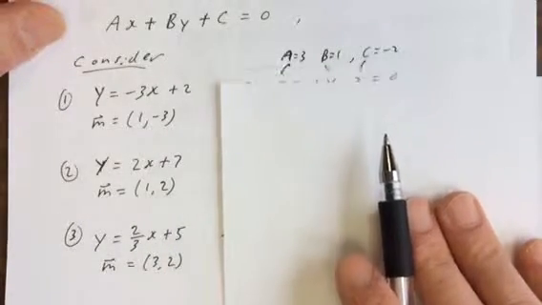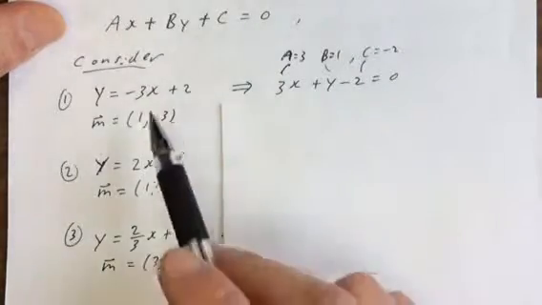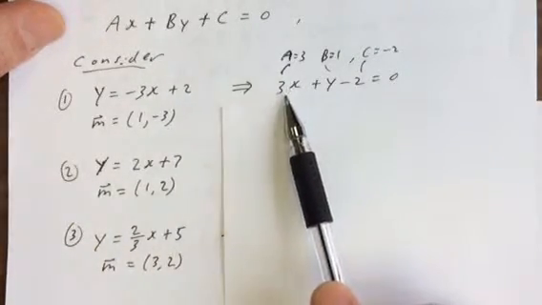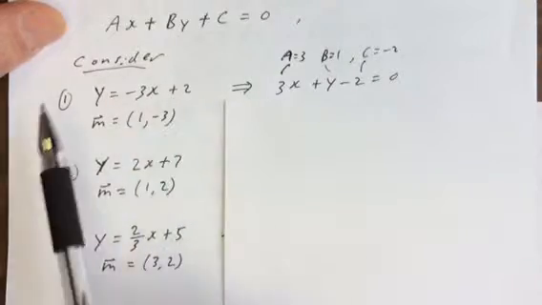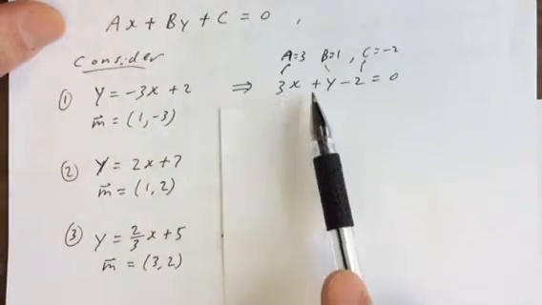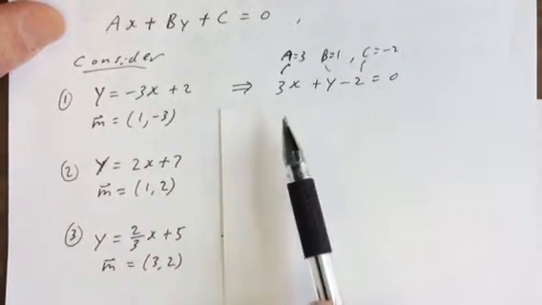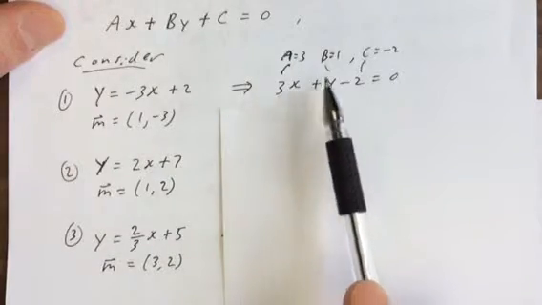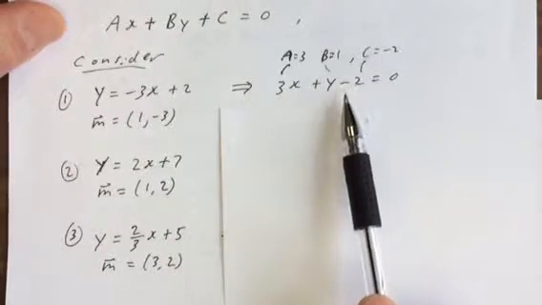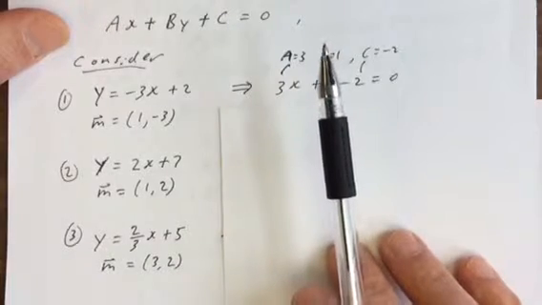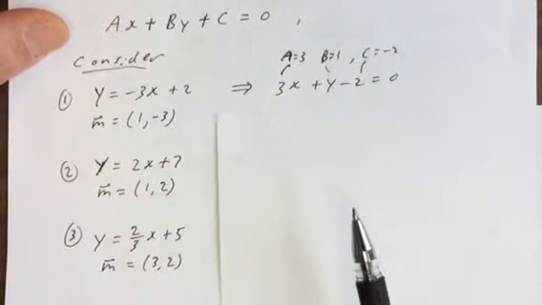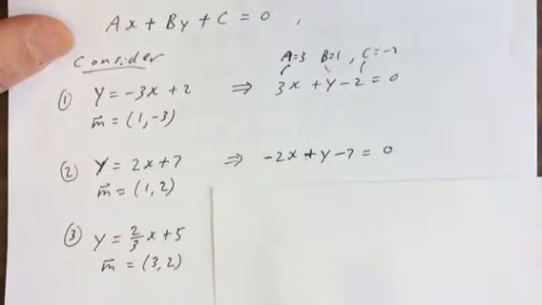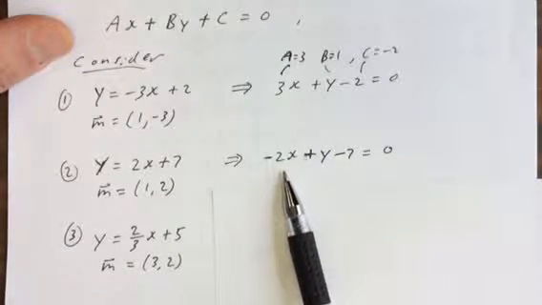In the first one, we could rearrange that into standard form or Cartesian form by bringing everything from the right side to the left. We get 3x plus y minus 2 equals 0. In this case, a equals 3, b equals 1, and c equals negative 2. Same thing for the other two lines: you can put them into that Cartesian form by rearranging.